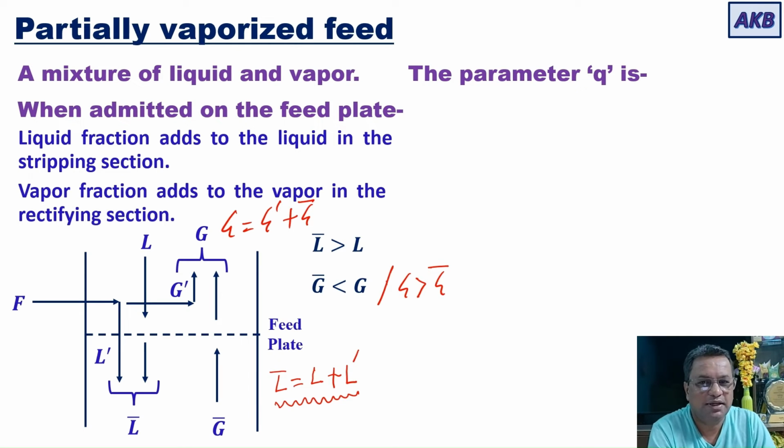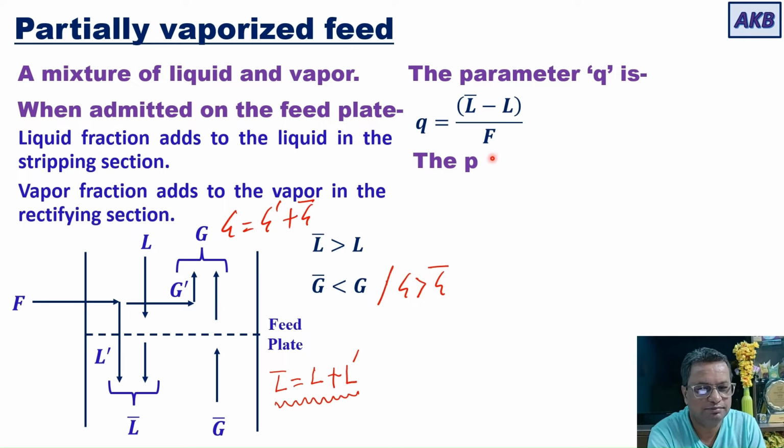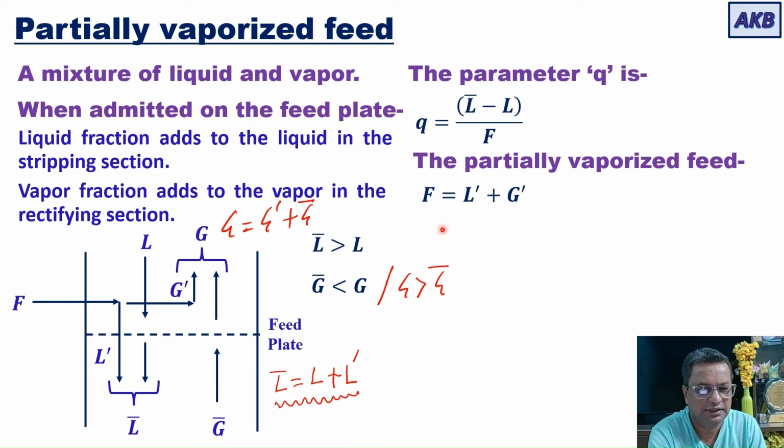Okay. Now let us use the definition of Q to know its value. So Q is L bar minus L divided by F. And for partially vaporized feed, F is L dash plus G dash, the liquid part and the vapor part. That is, L dash is F minus G dash.